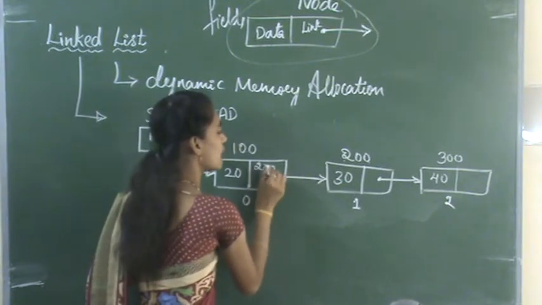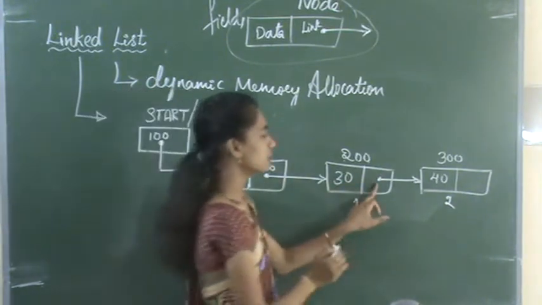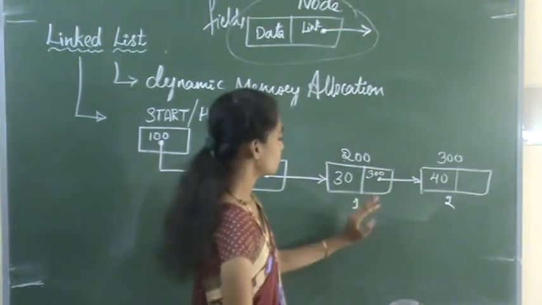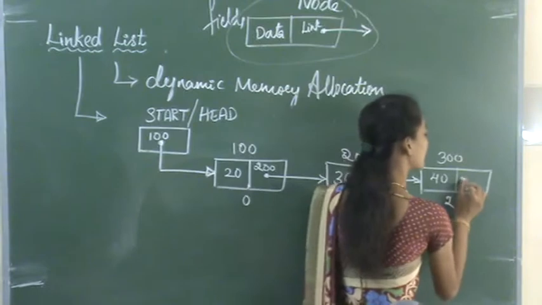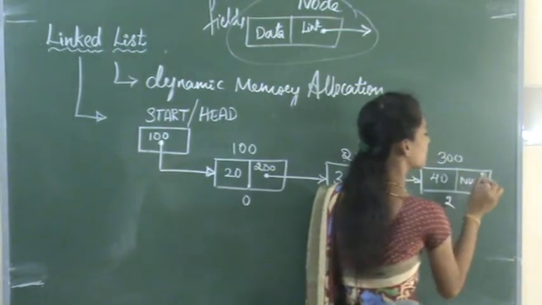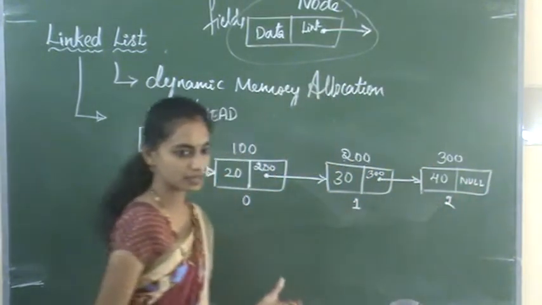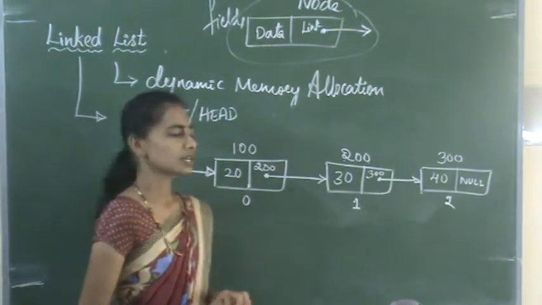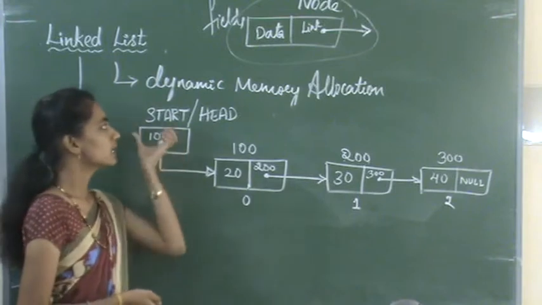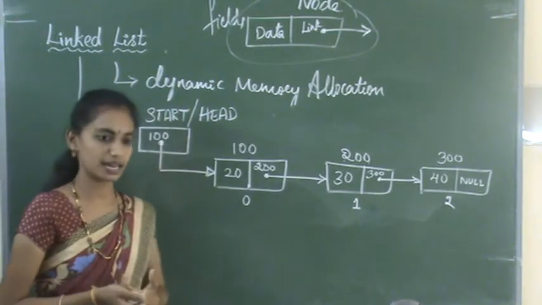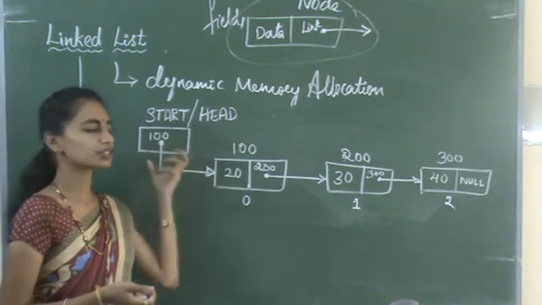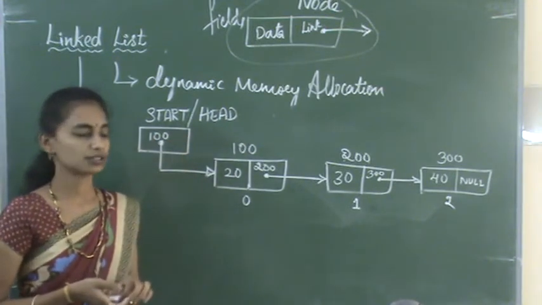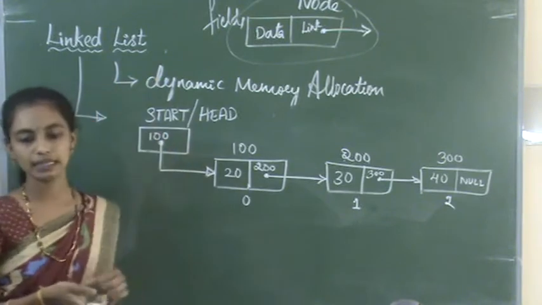So it stores the address 200, and then it stores the address 300, and lastly we will write null. This null indicates that it is the last element of that linked list. Suppose if the start or head is equal to null, it means it is an empty list. Okay, so that is about a linked list.